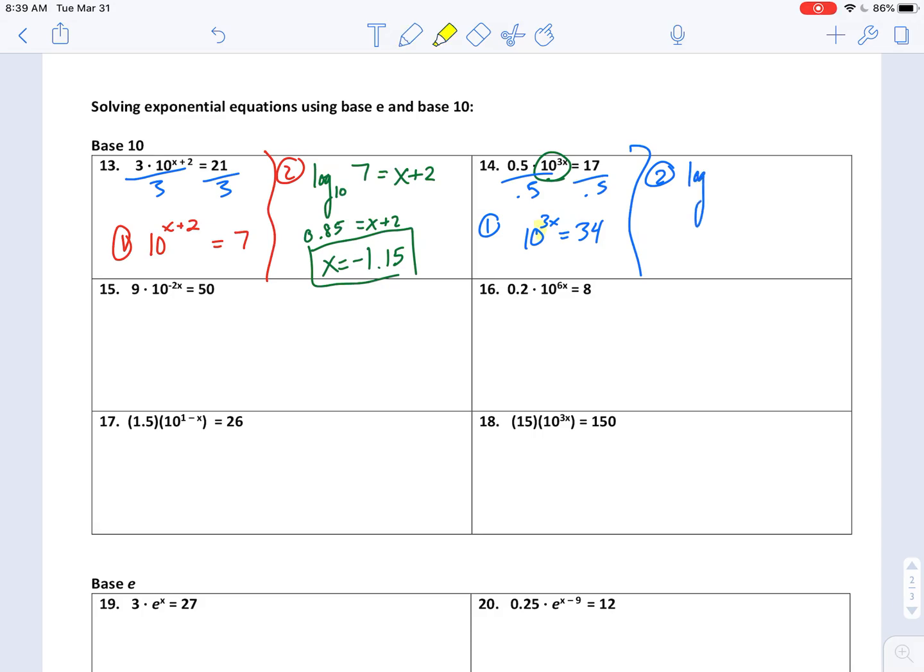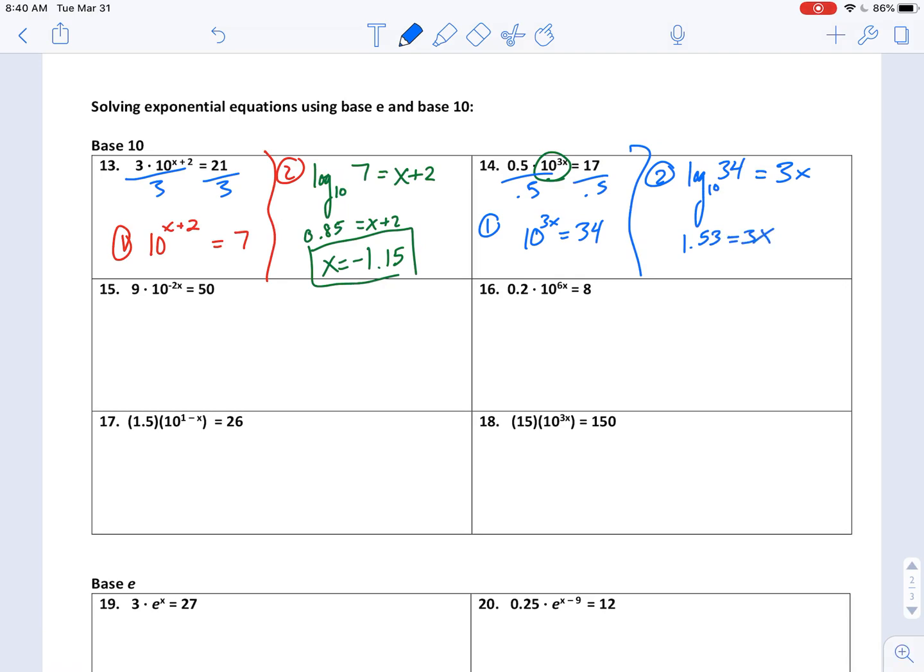Second step is write this as a logarithm. So log base what? Well, the base of my exponent is 10. So log base 10, or just log. Exponent always goes out here. And now let's figure out what is the log of 34, or log base 10 of 34?